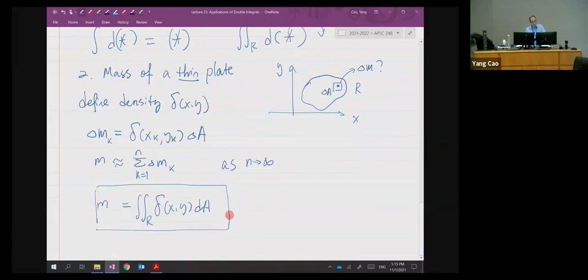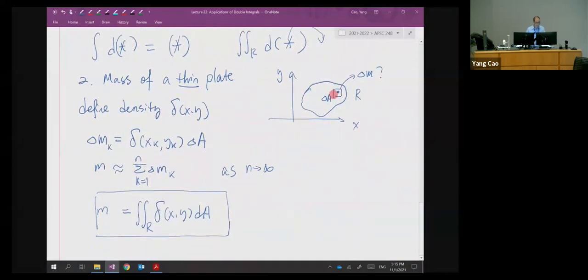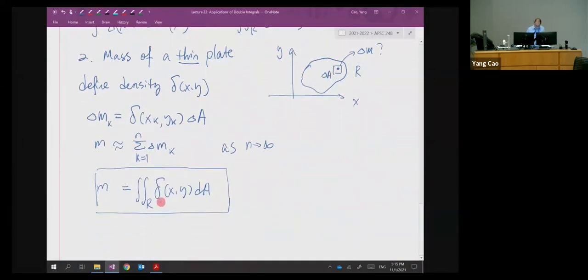What are you integrating? You're integrating a function delta representing the density. Even though this is a symbol delta, basically this is a function f, same meaning. You integrate the density times dA over the region R, then you get the total mass of the thin plate.